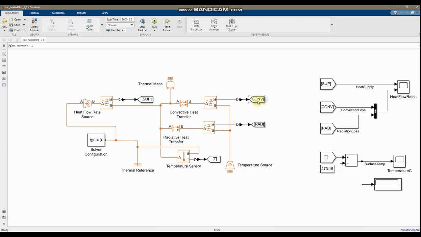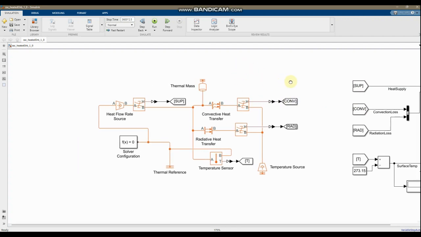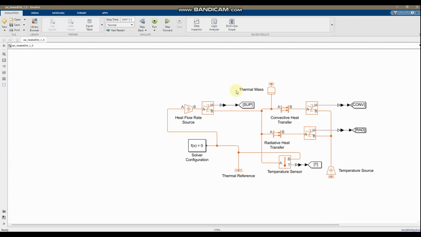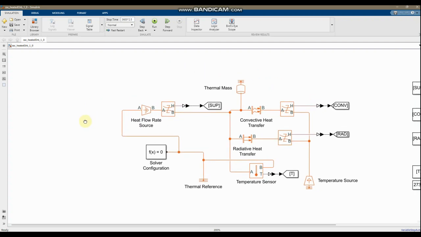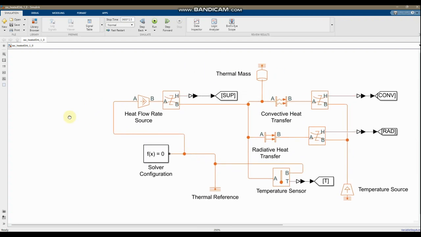What go-to and from blocks mean is that behind the curtains there's a connection between each of these similarly named from and go-to blocks. It's just a tool provided to us by Simulink, which you can use to make things clear.